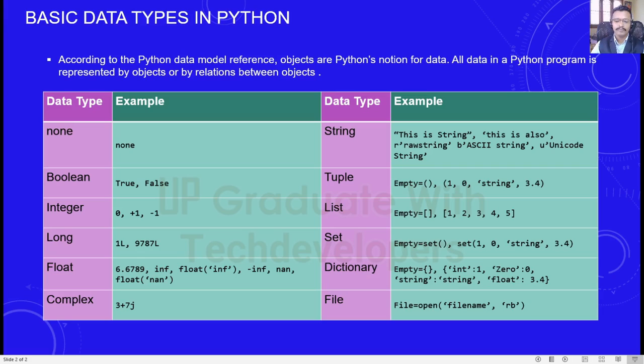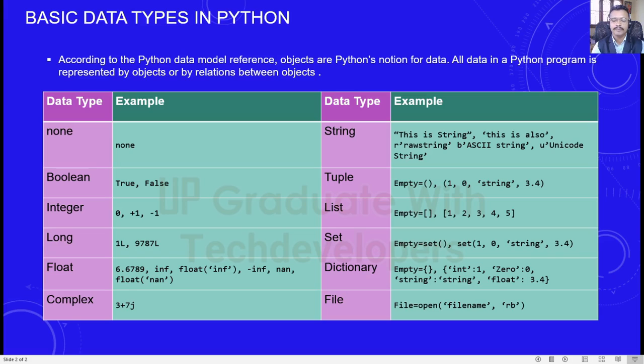And finally we have file. File is nothing but a type of file which consists of text, image or video, whatever it may be.